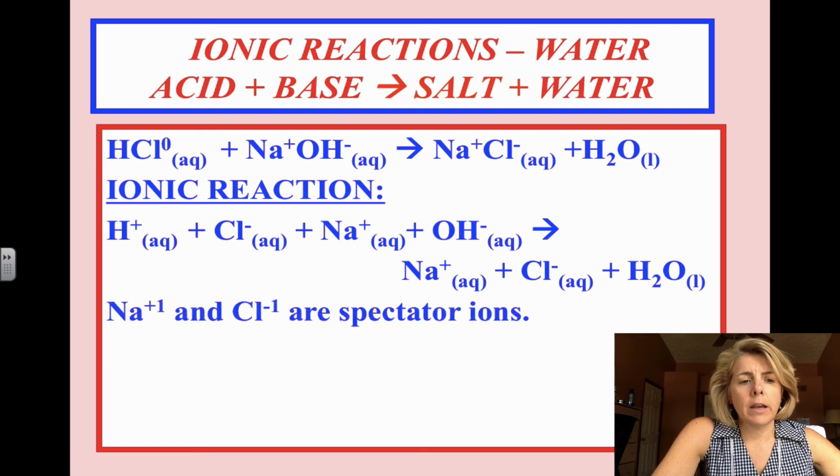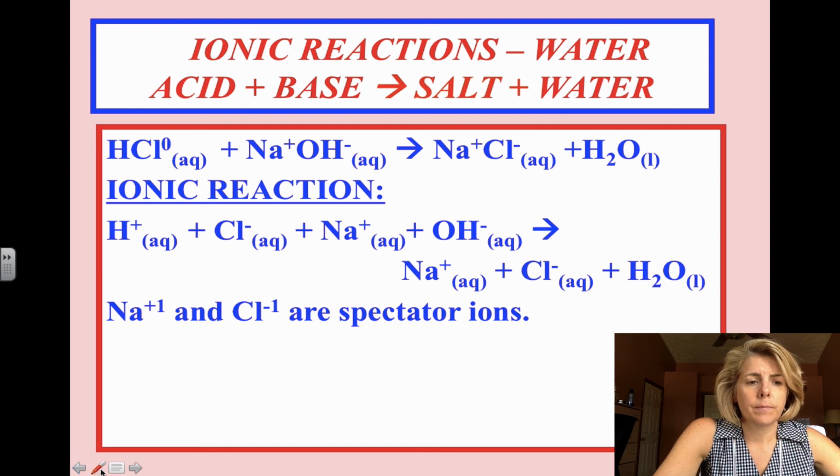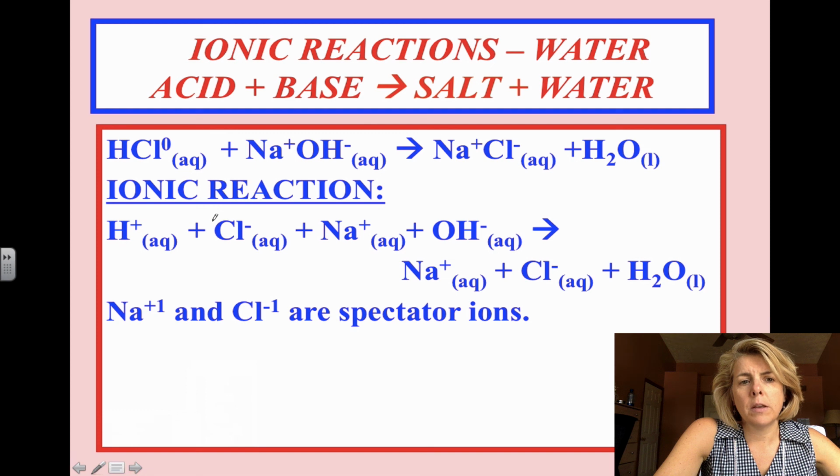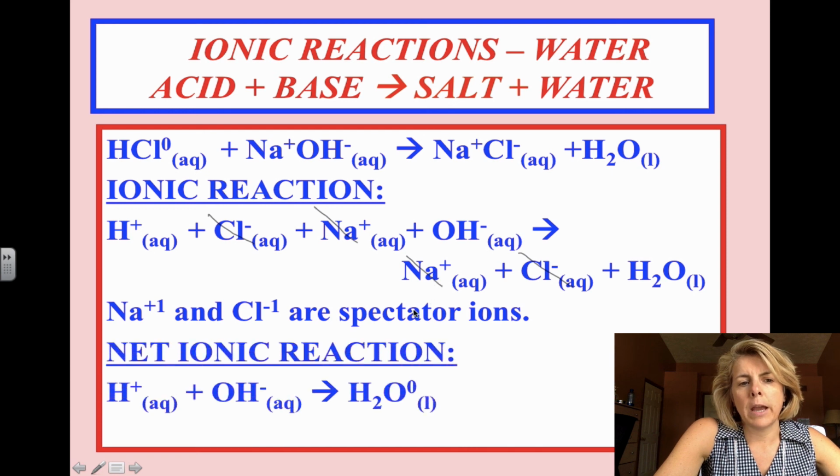We're going to cancel out the ions that appear on either side of the equation, sodium and chloride, so our net ionic reaction is essentially hydrogen ion plus hydroxide ion, giving us water.